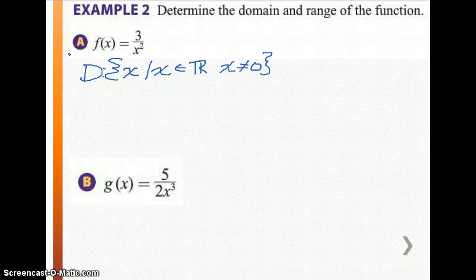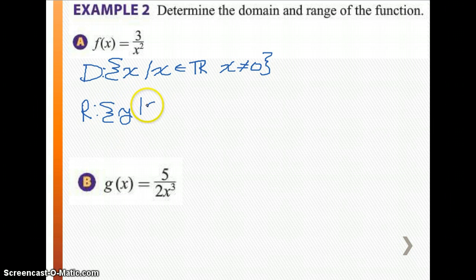So we know that the y values will all be greater than 0, and that is our range. We'll have y such that y is greater than 0.